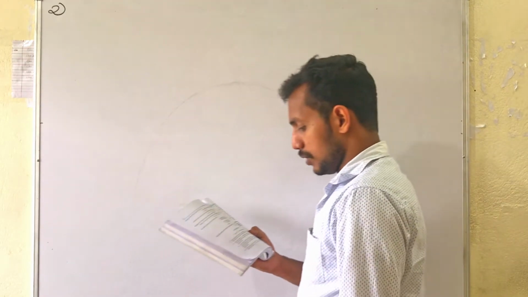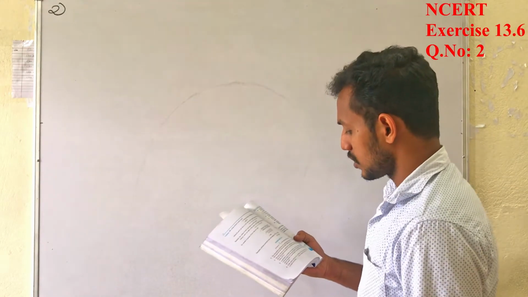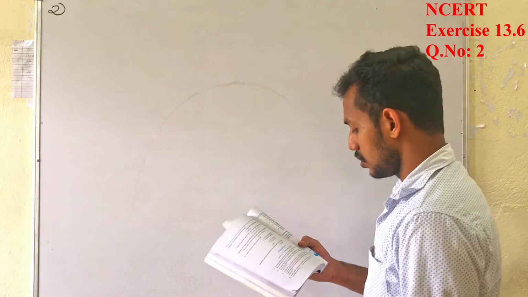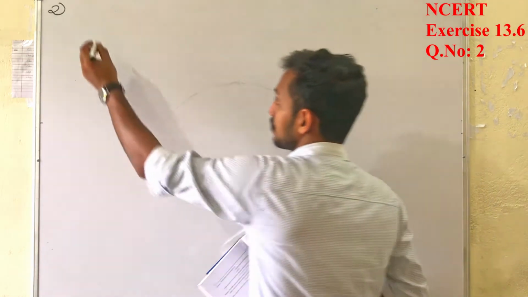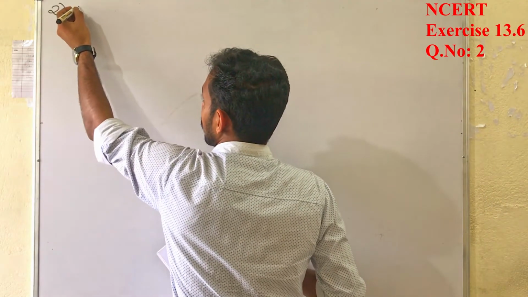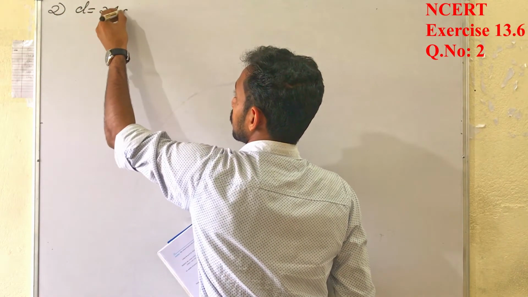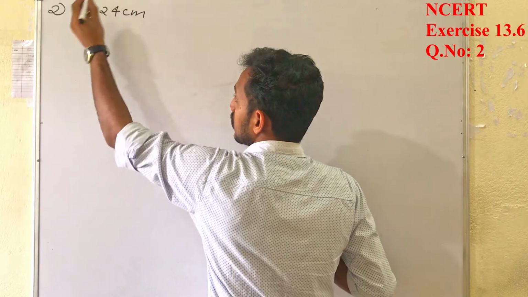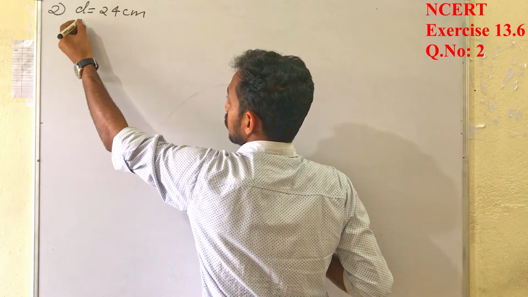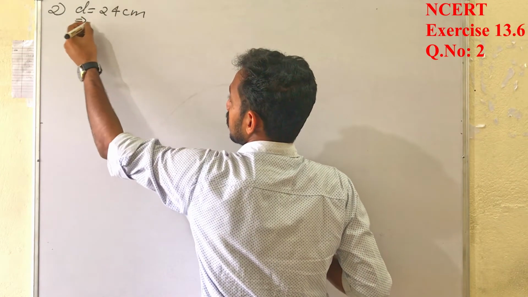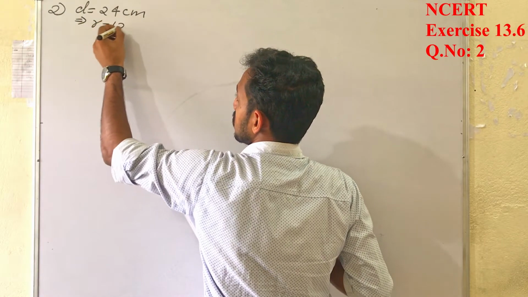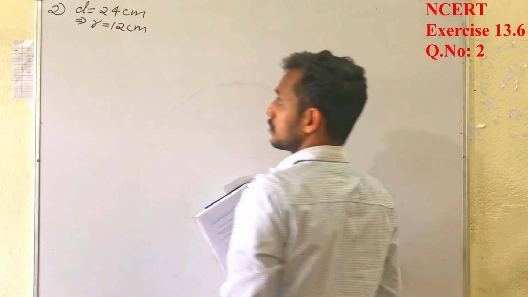Next I am taking question number 2. The inner diameter of a cylindrical wooden pipe is 24 centimeter. That implies inner radius will be 12 centimeter, half of the diameter.